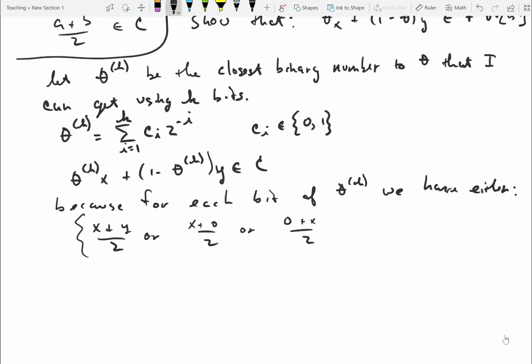And all of these meet this midpoint convexity idea.